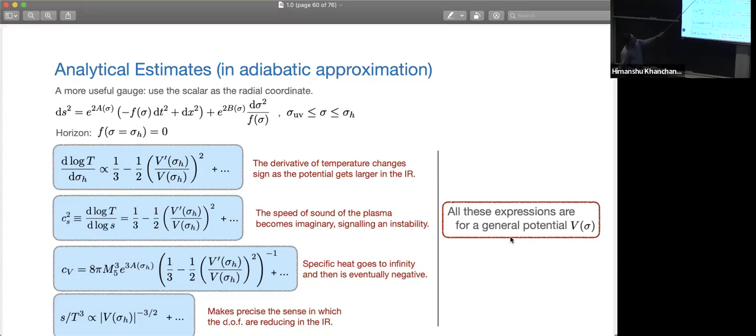When you calculate how the temperature changes as a function of sigma h, all these boxed equations come from massaging the equations of motion. You find that there is a sign change at some point. It had a certain sign to begin with, when you had small back reaction, but once this term becomes big and crosses this, the sign changes. This is why you will have a minimum temperature, because the derivative is changing sign.